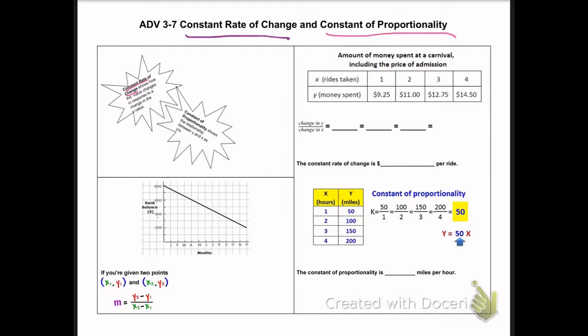One key thing to note here is that your X value is always your independent variable. It's the one that's basically in charge. You're making the decisions. For example, in the case of a job where you're making $10 an hour, your hours determine your pay, not the other way around.